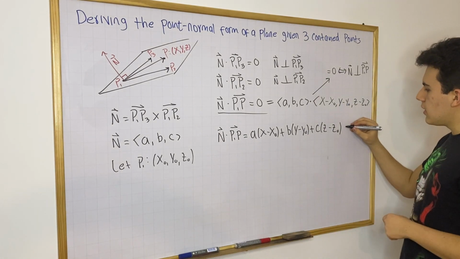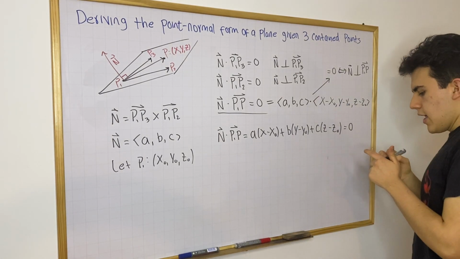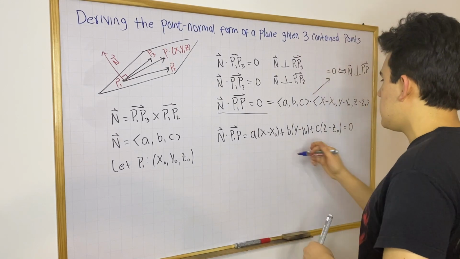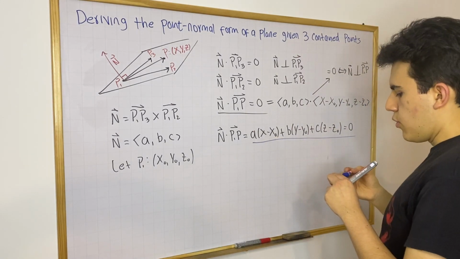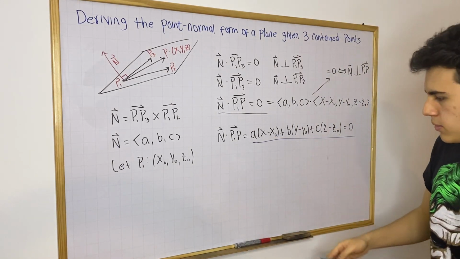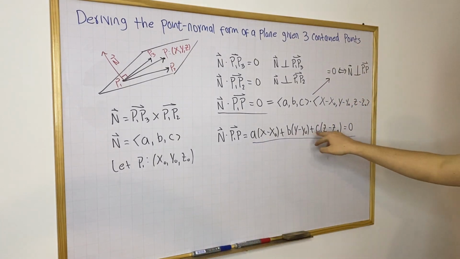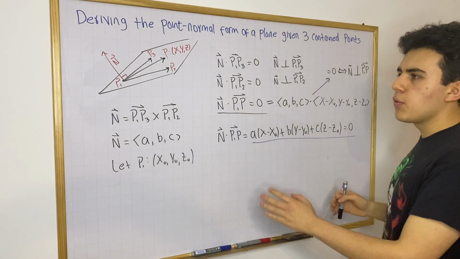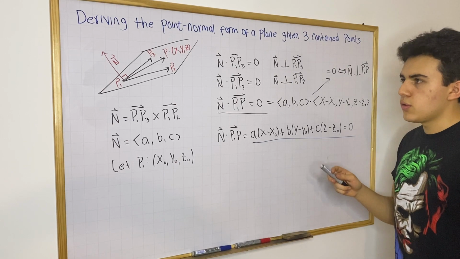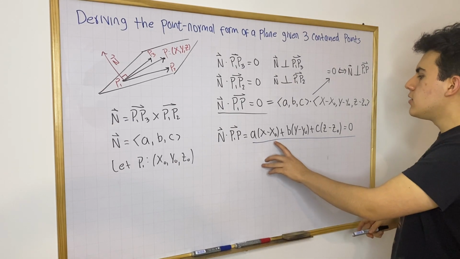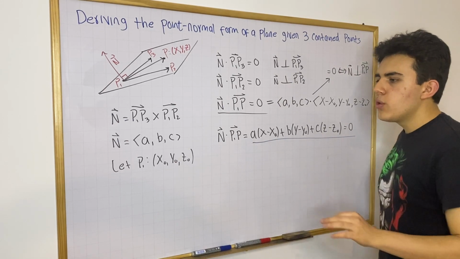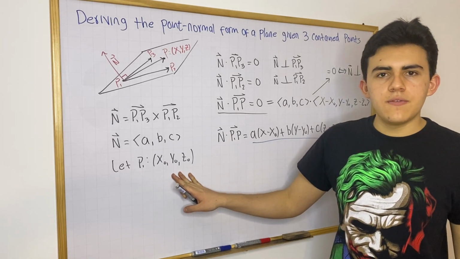And we know this equals 0. And this is the famous point normal form that you know about, okay? So A, B, and C will be the components of the normal vector to the plane. And x naught, y naught, and z naught will be any point that you were given, okay?